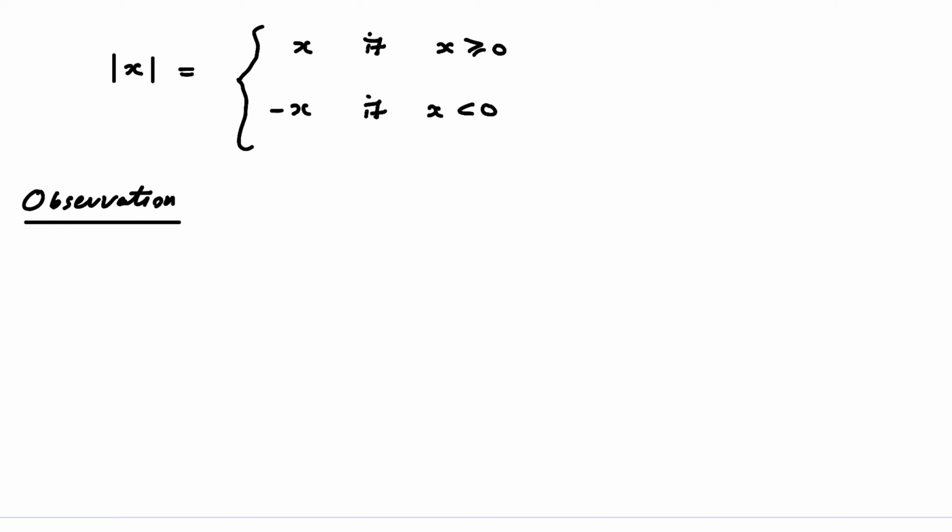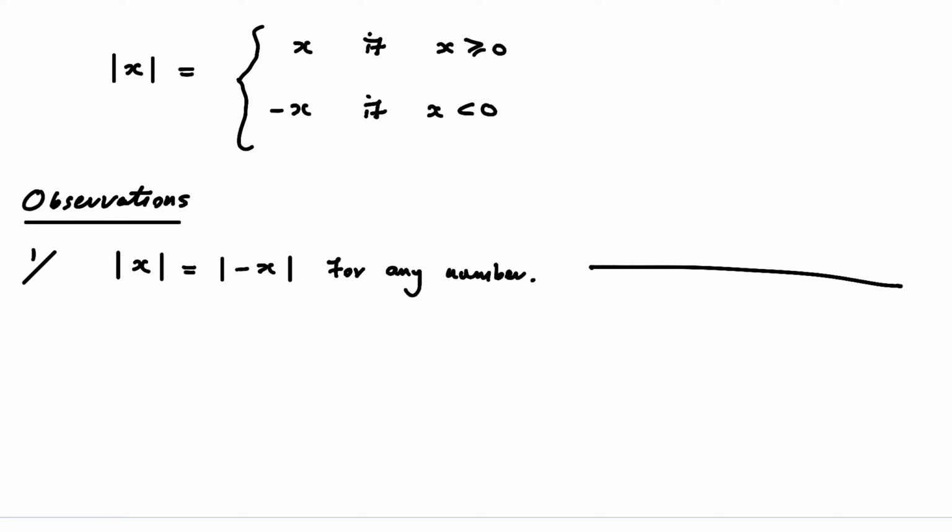So there are two I'm really going to look at. The first is the absolute value of x is equal to the absolute value of minus x for any x, for any number. Okay, why is that true? Well, let's draw a little picture.